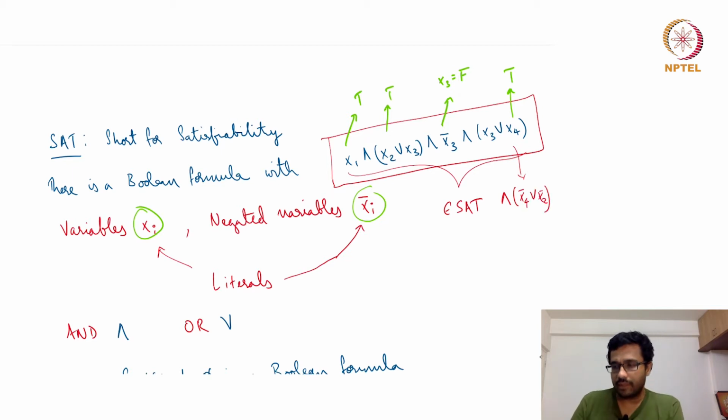Now if you take all these five clauses together, it cannot be satisfied simply because we already learned that with the four clauses to be satisfied, x2 and x4 have to be both true. Now once x2 and x4 have to be both true, in the last clause x4 and x2 have to be both false to make the last clause true. So this is an example of a CNF Boolean formula that is not satisfiable.